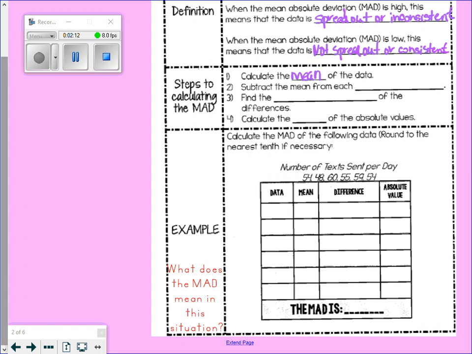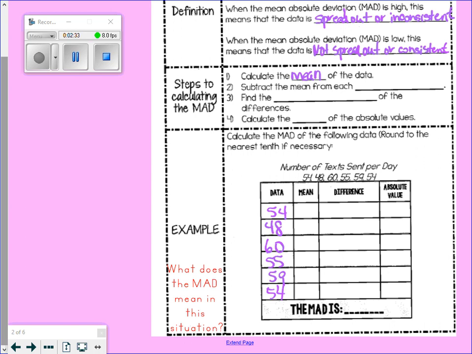We are going to round to the nearest 10 if necessary. So this is number of texts sent per day. Okay, so we're just going to fill in our data here. 54, 48, 60, 55, 59, 54.